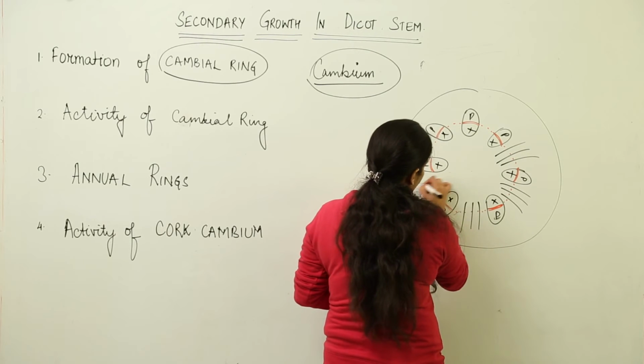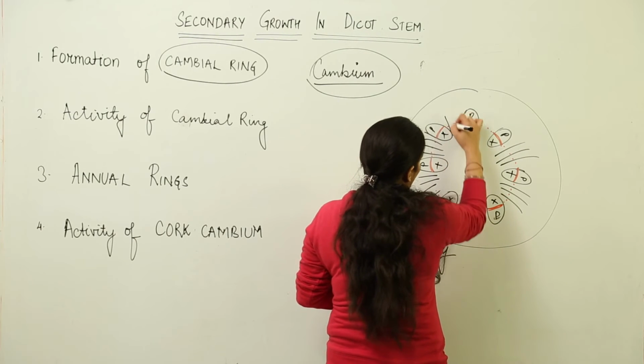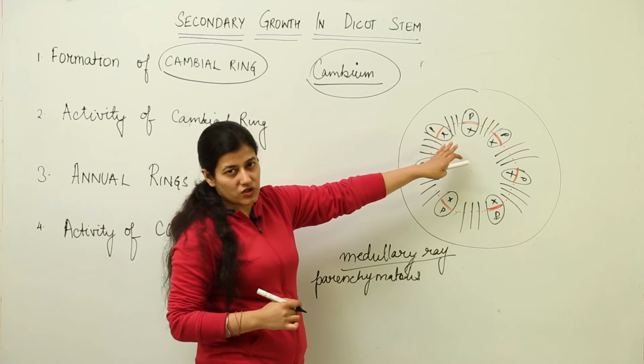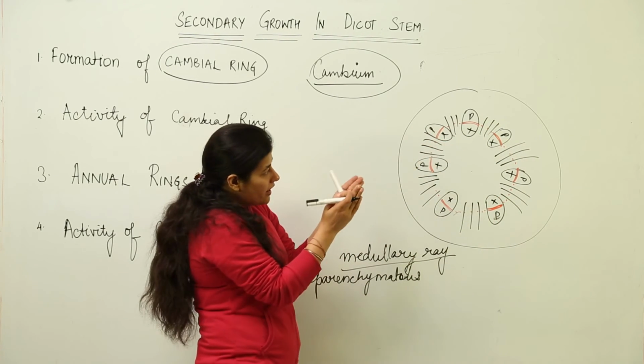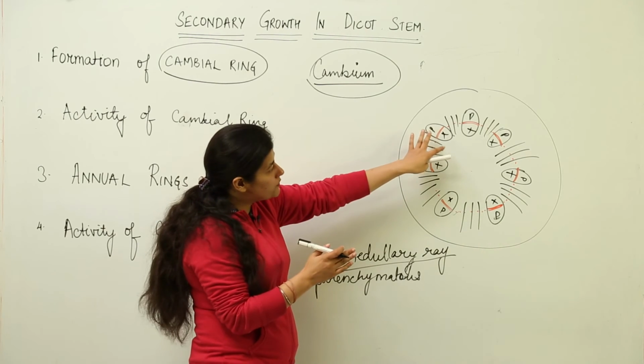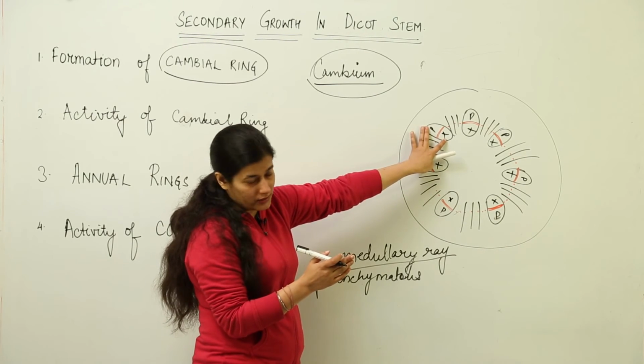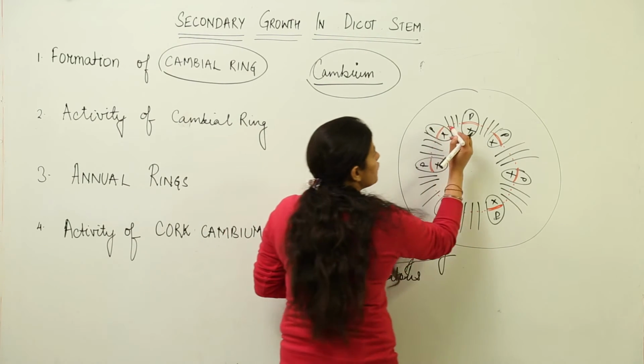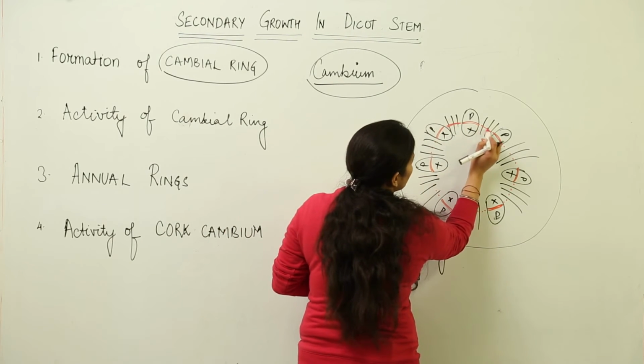Now, what would happen in order to form the cambial ring? The cells which are parenchymatous and in close proximity to the cambium present between the vascular bundles would become meristematic, and there would be formation of a cambial ring.